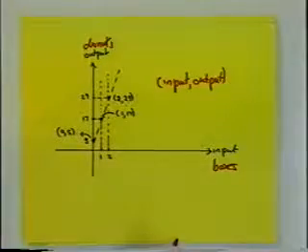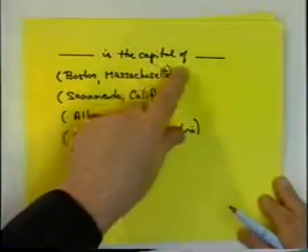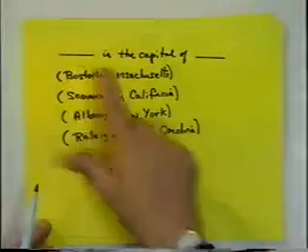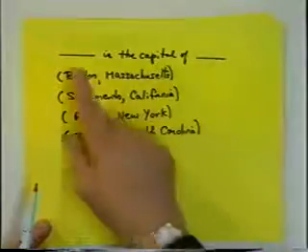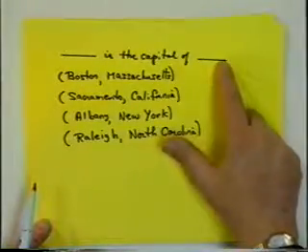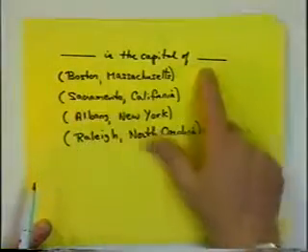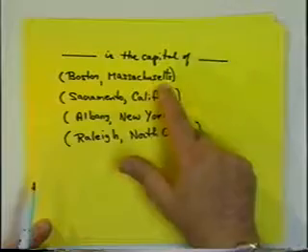In fact, didn't we study another relationship earlier in the course? Remember, is the capital of? Suppose you write down blank is the capital of blank. You see, what I put into this blank affects what I can put into this blank. If I take, for example, Boston and put it in here, what should come over here? Massachusetts.